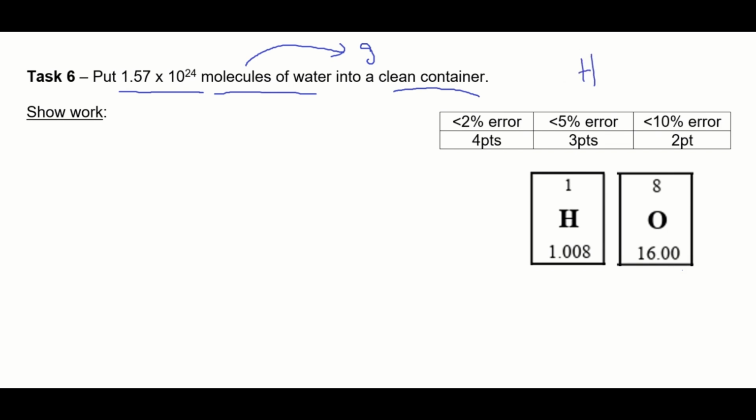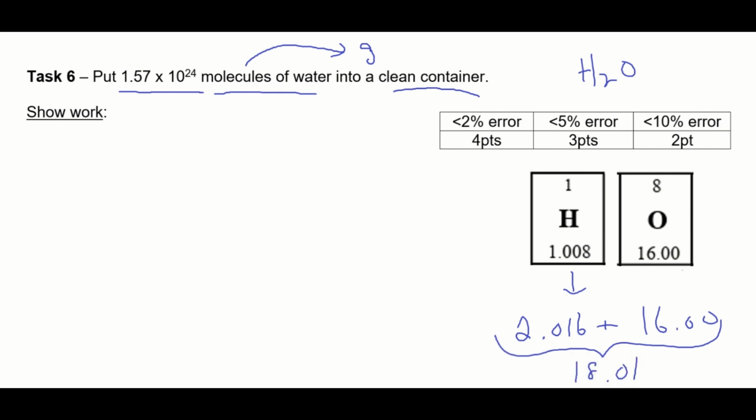For H2O, which is water, I have 2 hydrogen, so that's gonna give me a mass of 2.016, and I'm gonna add that to 1 oxygen, which is 16, and so the molar mass of water is 18.01 or 18.02 grams per mole. I'm going to use that as my conversion factor if I need to go between moles and grams, which I will have to do.